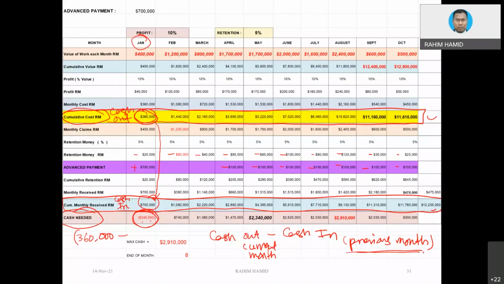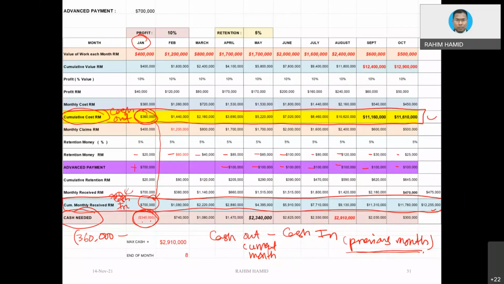The previous month is basically December, let's say December of the previous year. So what is the amount of money that the contractor has? We assume that the contractor received the money at the beginning of the project period, the start of the project. So the contractor also has 700K here at the beginning of the project.